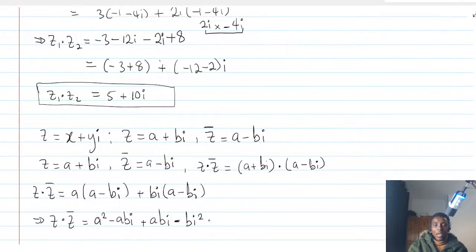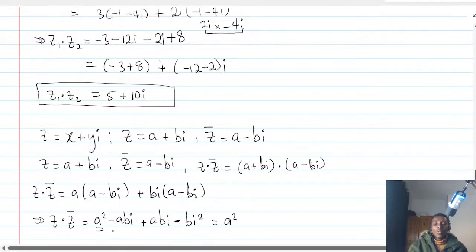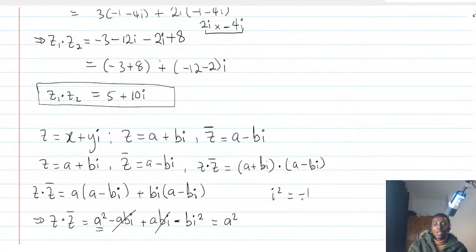So now from here we have a squared, so this will cancel this, and then minus bi squared, right? So the i squared is minus 1, so it's going to be minus minus, which will result in what? So plus what? b squared.